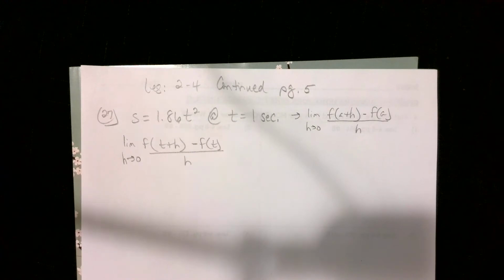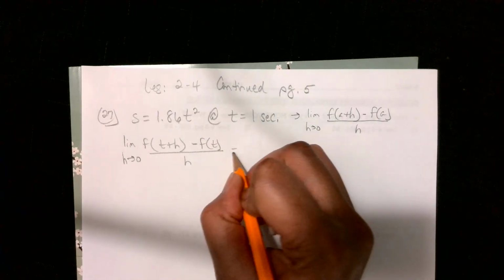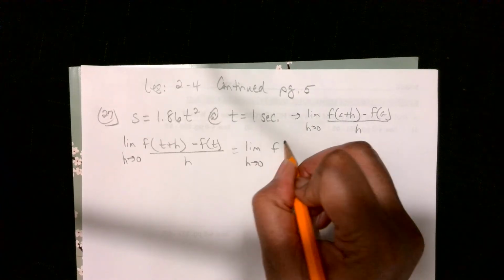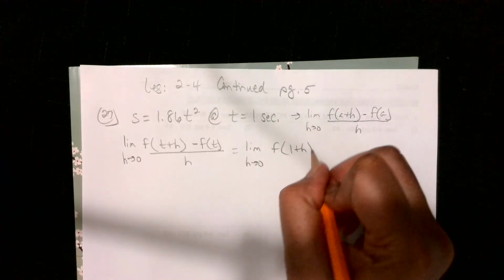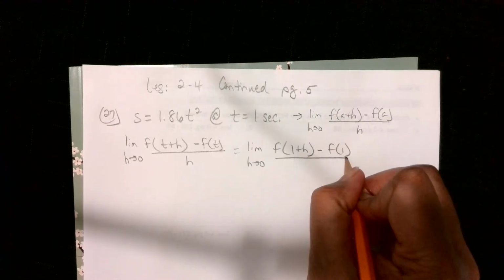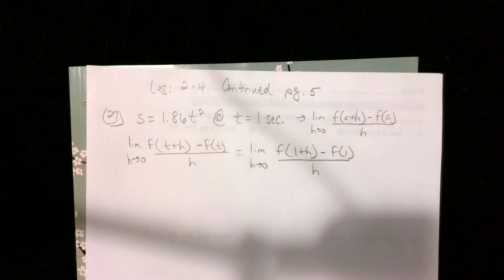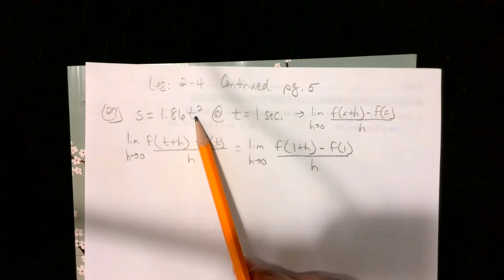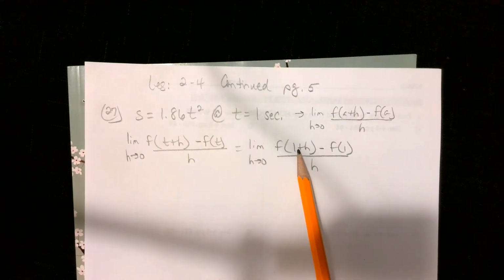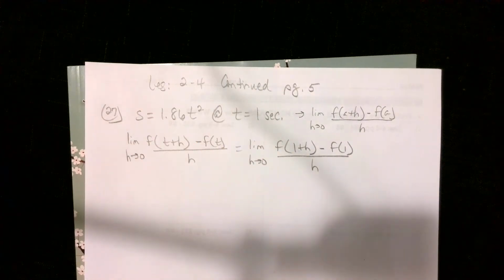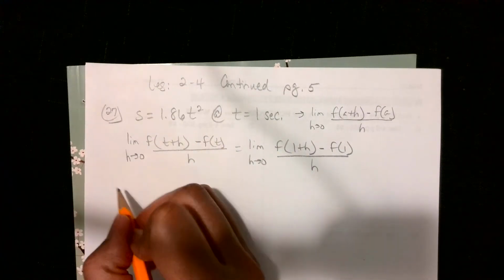But it's the same steps. So this would be the limit as h approaches 0 of f of 1 plus h minus f of 1 all over h. So everywhere I see a t, I'm going to plug in 1 plus h, and then everywhere I see a t, I'm going to plug in 1. So let's see how it goes.